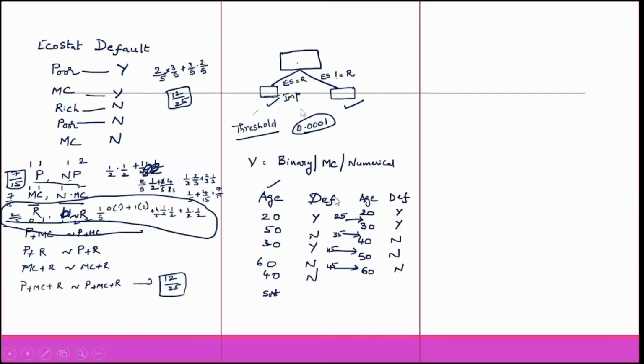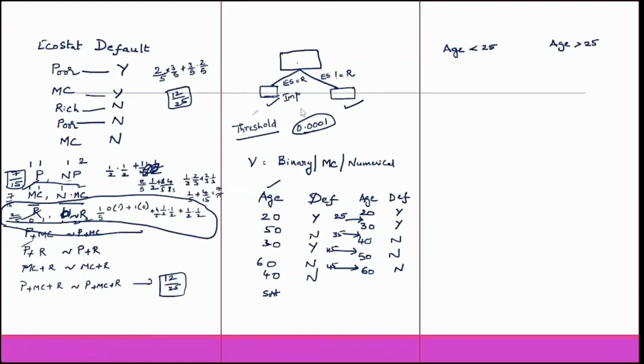You are discretizing the data. So in the first problem, just like the way we took multiple categories out here, here we will say age less than 25 versus age greater than 25. This is my first split.